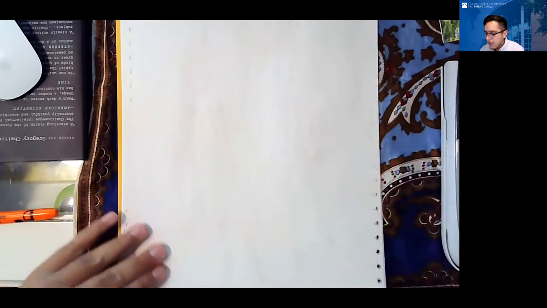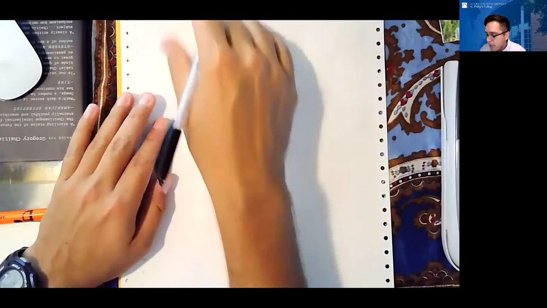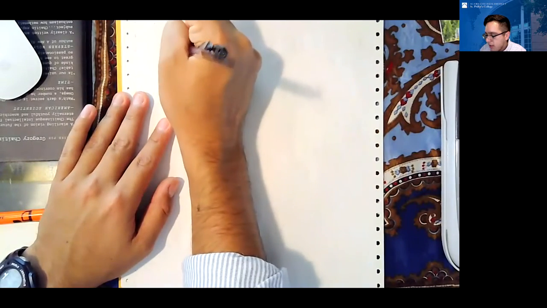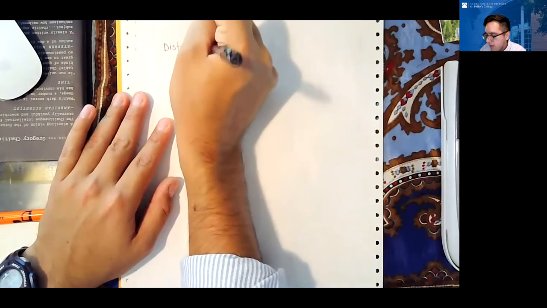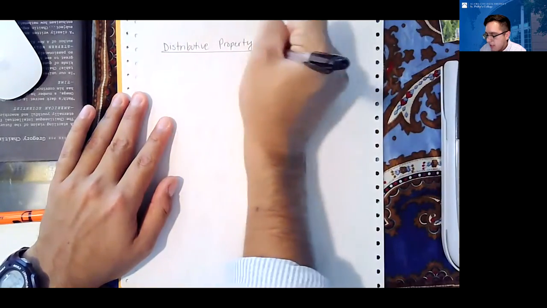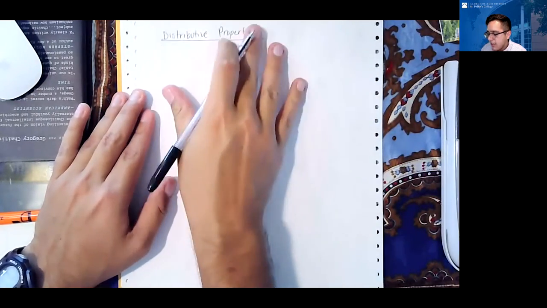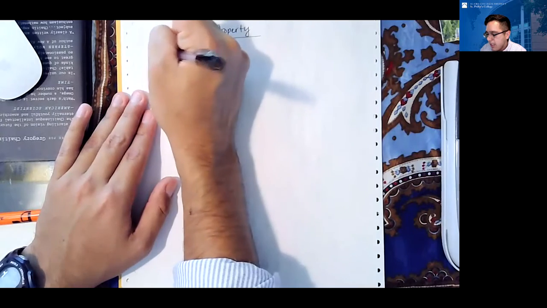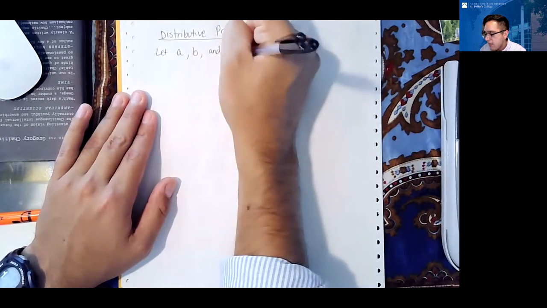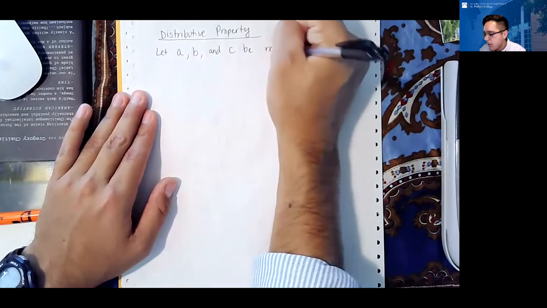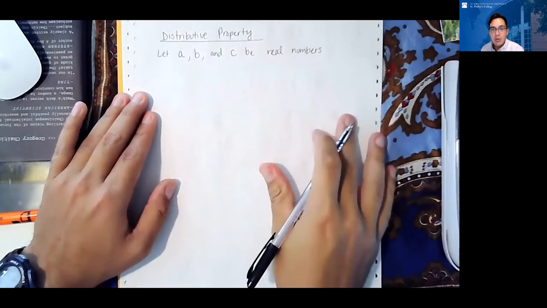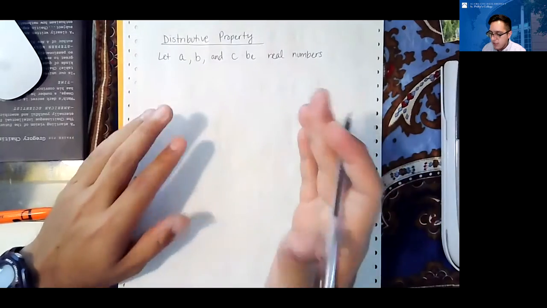Okay, so in general, the distributive property will typically be written out like this in a textbook. If you were to get your hands on a textbook or look at the ebook, its definition is: we let A, B, and C be real numbers. So they're placeholders right now for any number that you can think of.